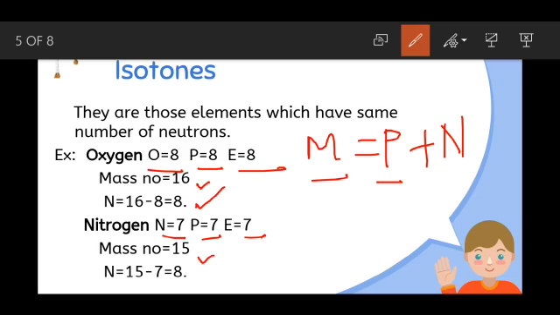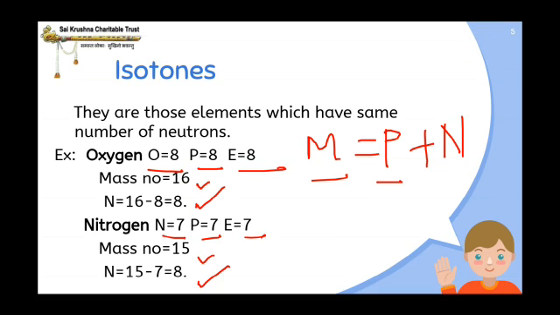The mass number is 15, so subtracting 7 from 15 gives 8 neutrons. Oxygen's neutrons and nitrogen's neutrons are both 8, therefore they are called isotones, which means elements with the same number of neutrons.